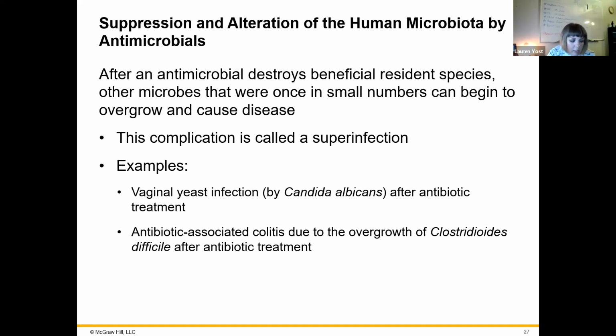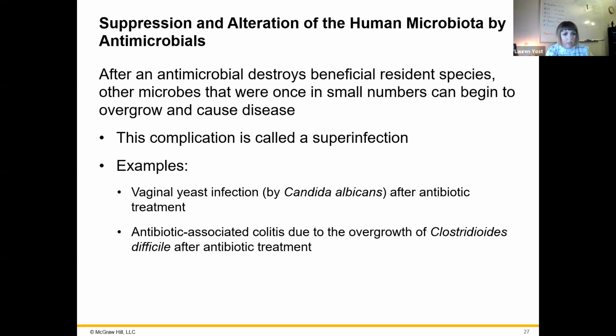So Candida albicans is the yeast, it's normal. You should have this as part of your normal biota in your female reproductive tract. But we take antibiotics, we kill off all of our bacteria, and now the yeast can overgrow, and now we have a yeast infection. So that is exactly the same idea as what we get with C. diff, which is Clostridioides difficile or Clostridium difficile.